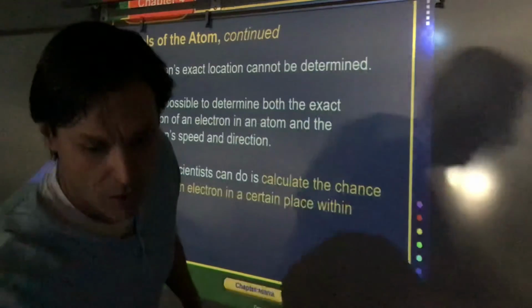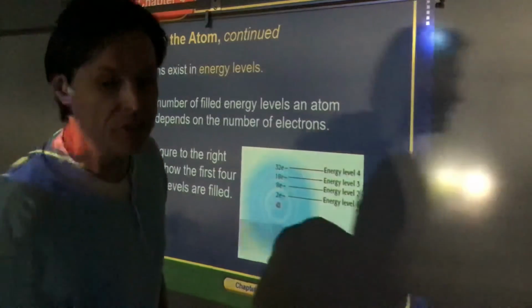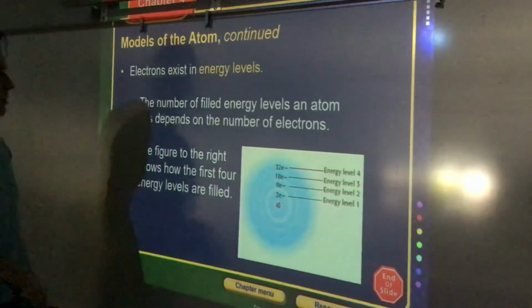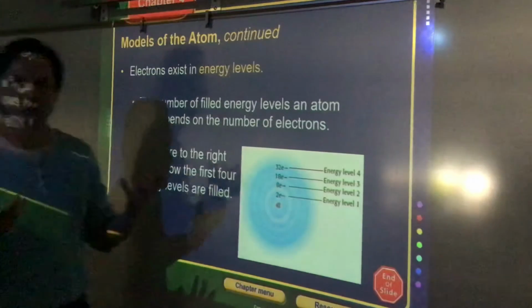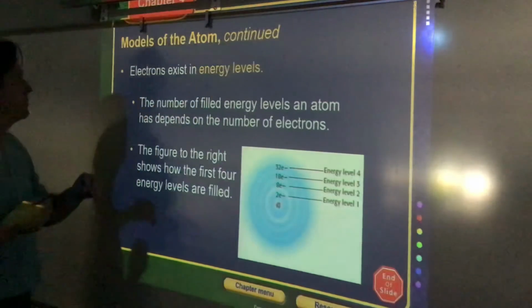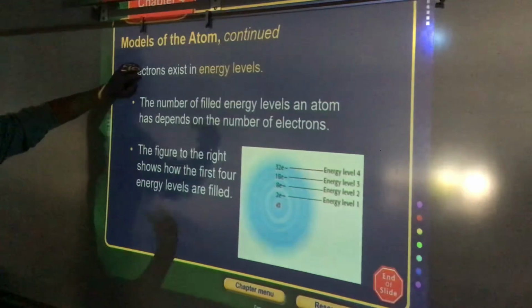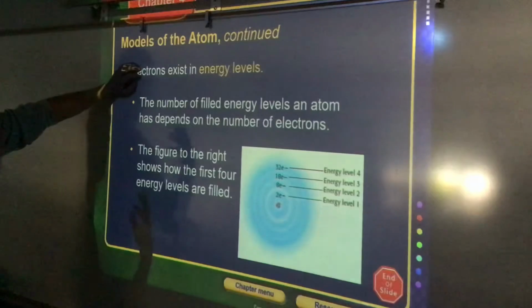But what they were able to tell us is how many were in each level. So for all intents and purposes, we're just learning the basics. But we know electrons exist in energy levels. We were right on that, so Bohr was right, but we made it a little more accurate as far as not knowing exactly where they are.